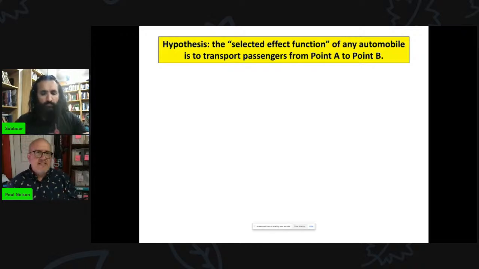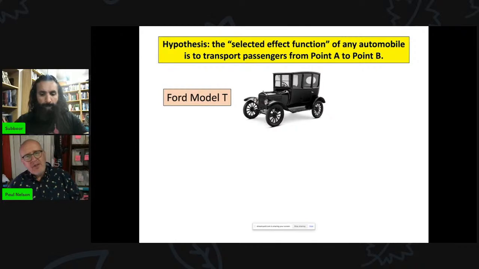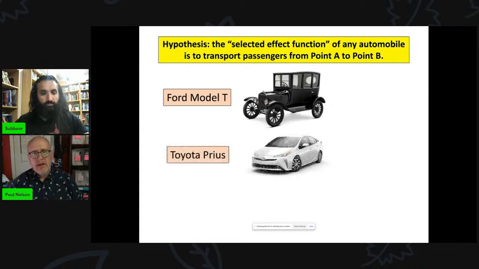Let's say the selected effect function of any automobile is to transport a passenger from point A to point B. Well, the Model T does that, right? You're sitting there in the cab or the passenger compartment of that automobile, and you crank it, get the engine going, and you can go from A to B. All right. A Toyota Prius does the same thing.